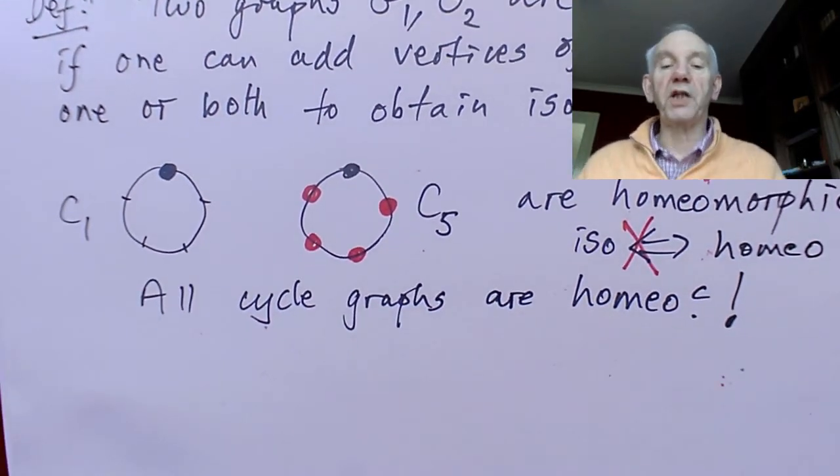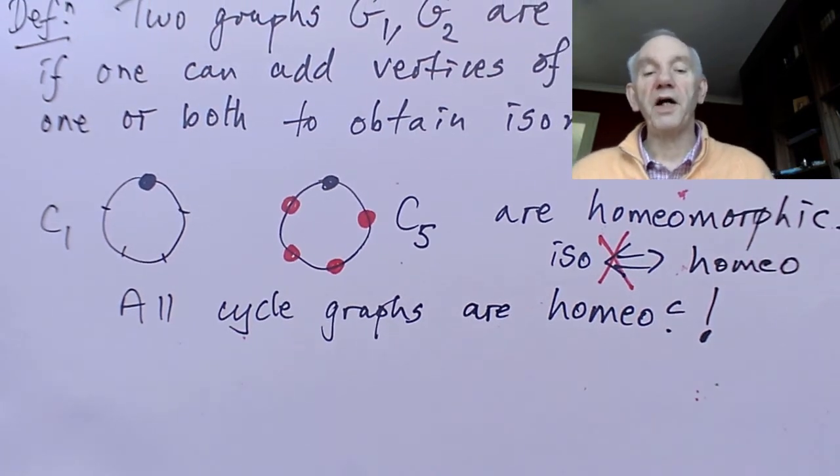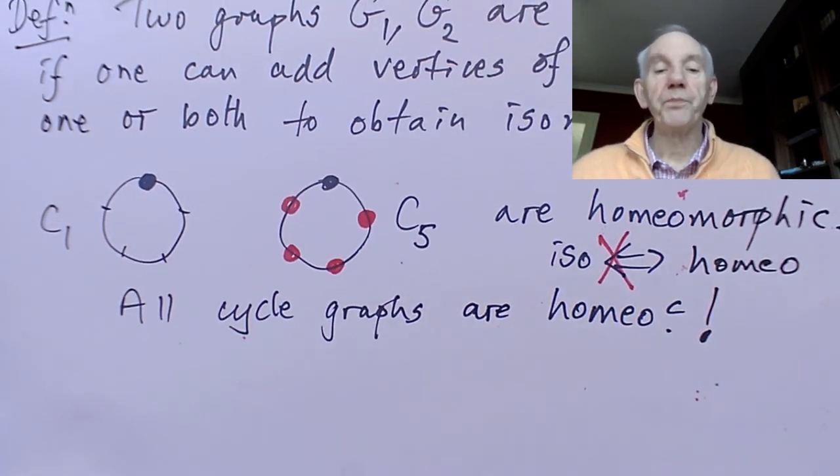Perhaps I should add a bit more, particularly if you've done topology. The idea here is that you think of the edges of a graph as being like arcs in the plane or in space, and a vertex is just a single point.